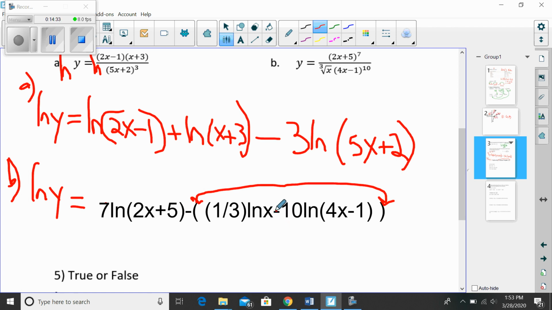At the moment, that should be a plus, okay? I jumped one step ahead and distributed the negative. So right now that should actually be a plus sign because this is a product, right? So I would add the two expressions.